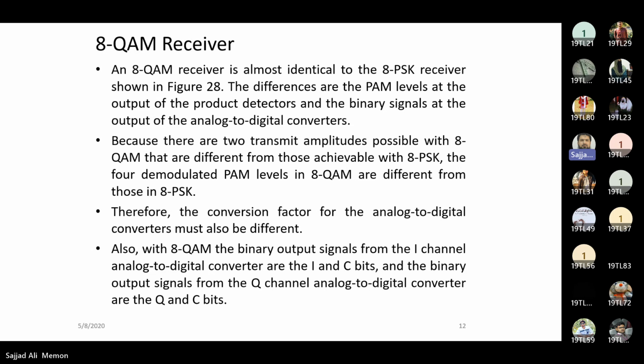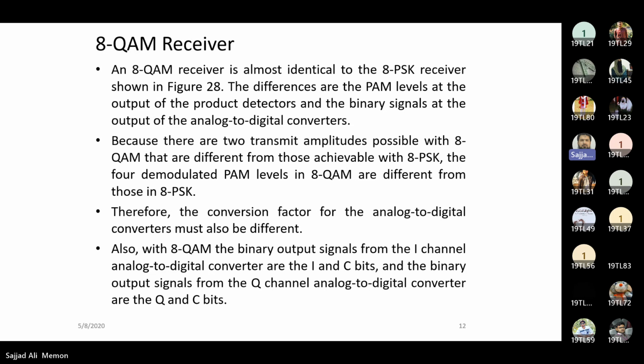The four demodulated PAM levels in 8QAM are different from those in 8PSK. Therefore, the conversion factor for the A to D converter must also be different. Also with 8QAM, the binary output signals from the I channel analog to digital converter are the I and C bits, and the binary output signals from the Q channel A to D converter are the Q and C bits.